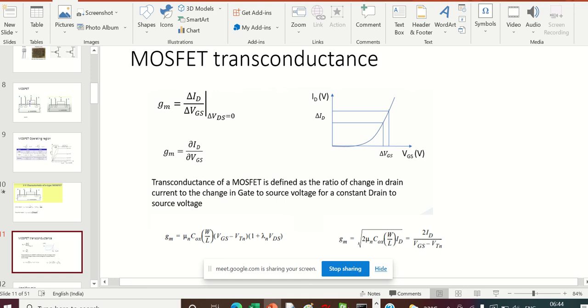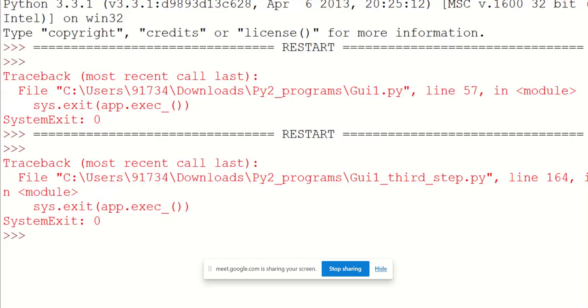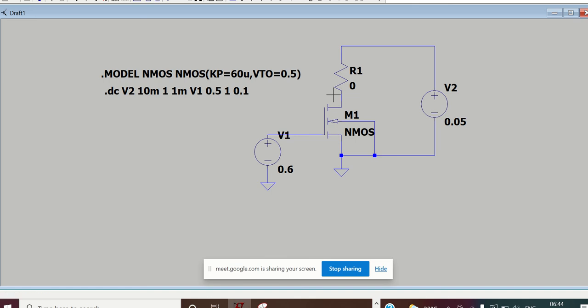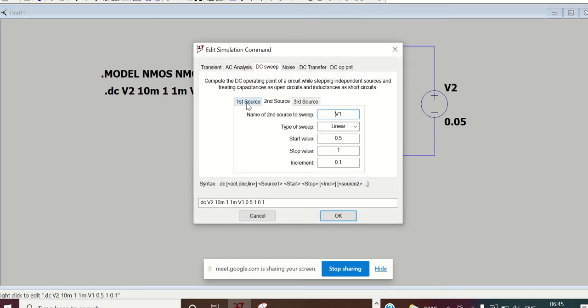So what we must do now is measure current ID varying VGS. Yesterday what we have done here is we measured current only, but sweeping this; now we will keep this constant. So for the primary source we will make it V1.